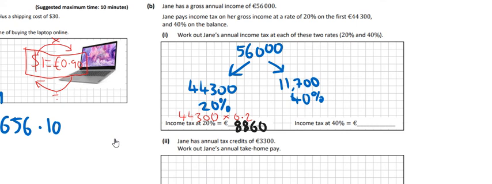And then the other one, I need to do 11,700 times by 0.4, because 40% as a decimal is 0.4. So 4680.